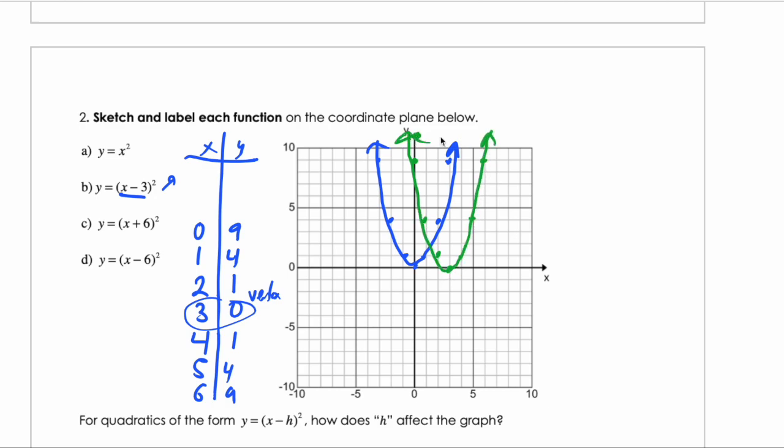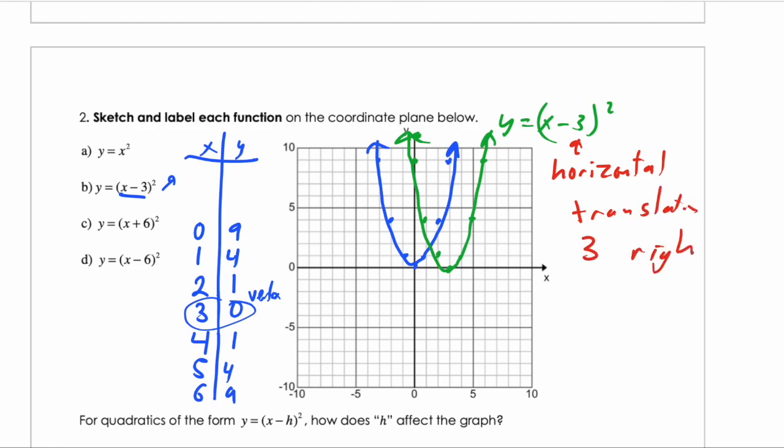Okay. y equals x minus 3 squared. So it's x minus 3 gives you a horizontal translation, 3 to the right. Okay. Horizontal translation, 3 right.